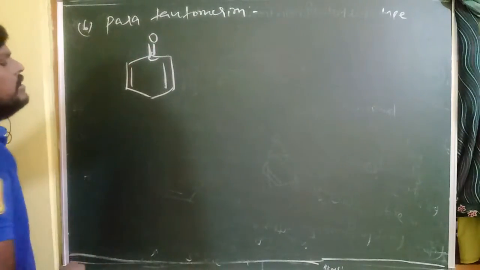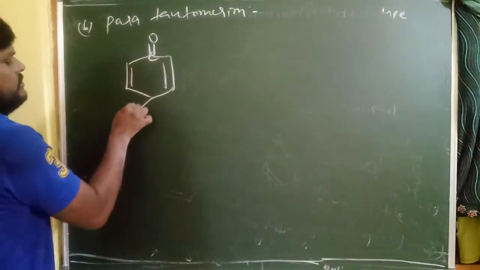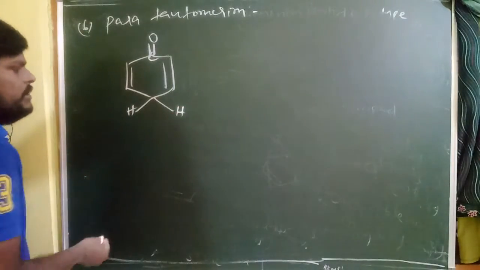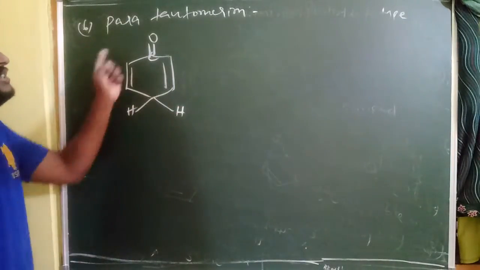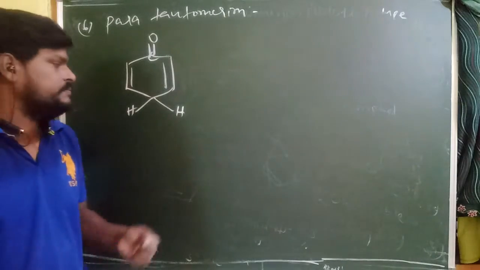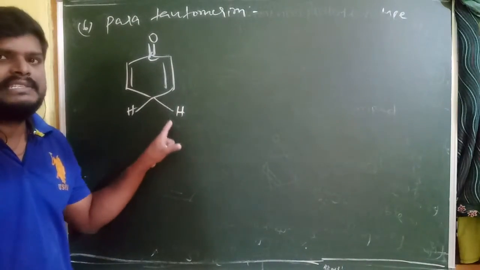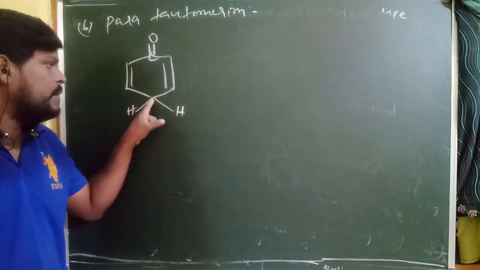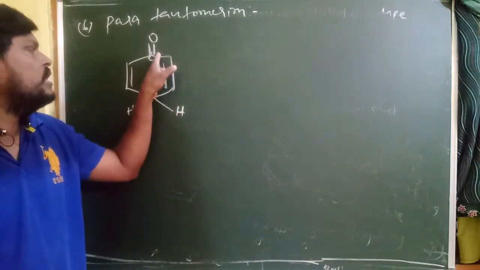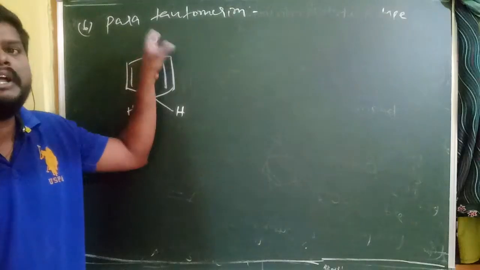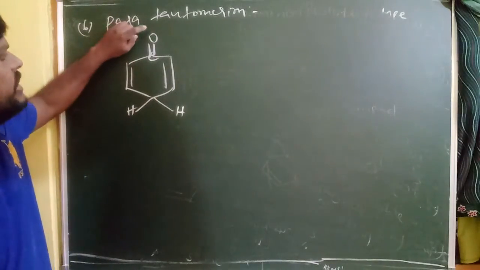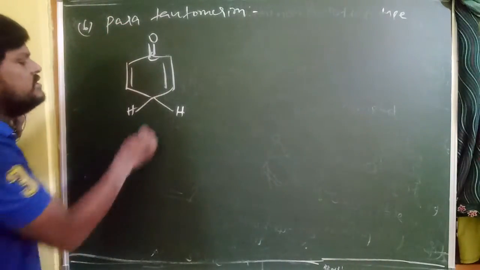Here, this is a carbonyl compound, and this is a saturated carbon. Right, what is the definition of para-tautomerism? The hydrogen is migrated from the para position towards the more electronegative atom of the carbonyl compound. Here what is the more electronegative atom? Oxygen. So here this is the para position, sir.